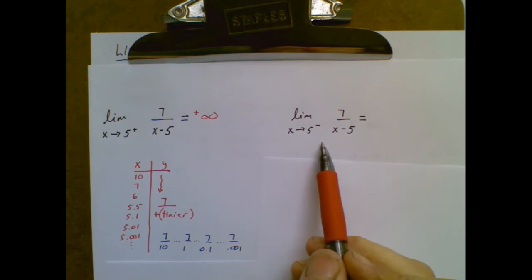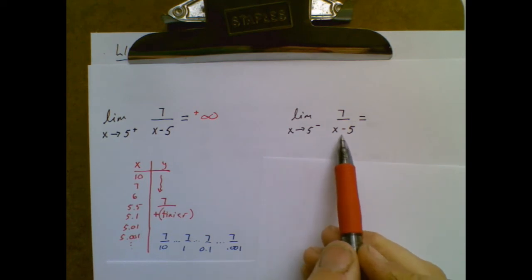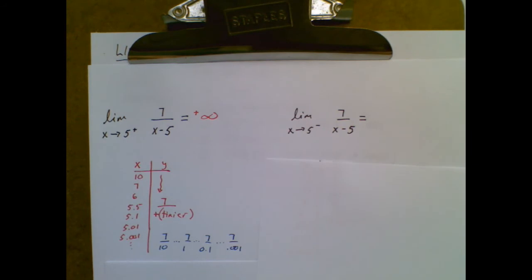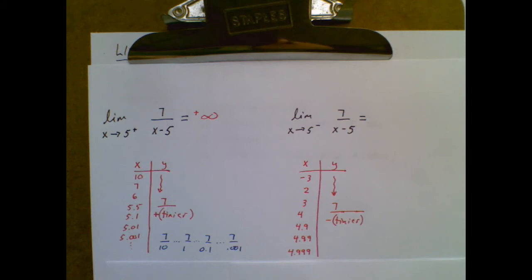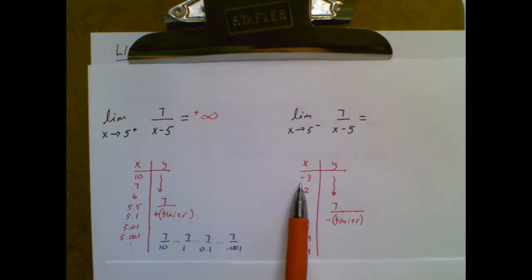The second problem looks almost identical, but now I notice that we have a left-hand limit. Same thing as before, the plug-in gives you big explosion, no algebra trickery, not a memory limit, all that good stuff. So I unveil this T-chart. I'm sneaking up on 5 from the left, which means I start in the land of negatives. I get closer and closer to 5. I never get to 5 because I don't care what happens at 5, just the trend as I'm getting there close.